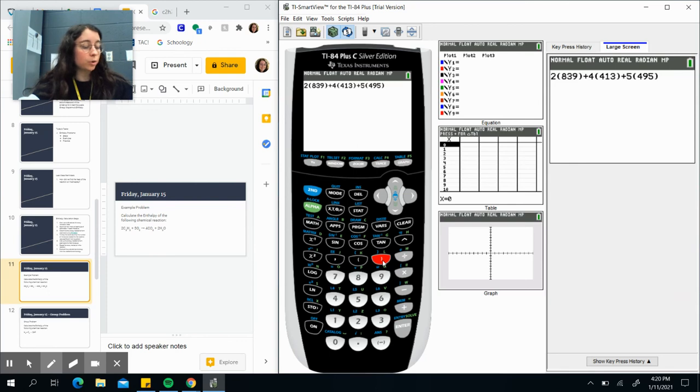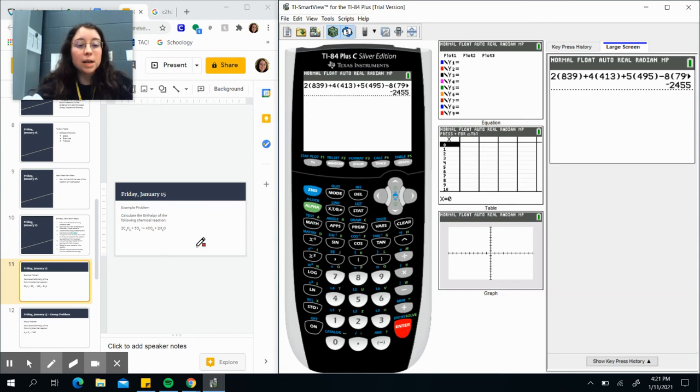And then I got to remember to start subtracting now because I'm on my products. So minus 8 times 799, minus 4 times 467 in parentheses, and enter. And I've got 2,455 kilojoules of energy, and it's negative, which means it's released, so it's exothermic.